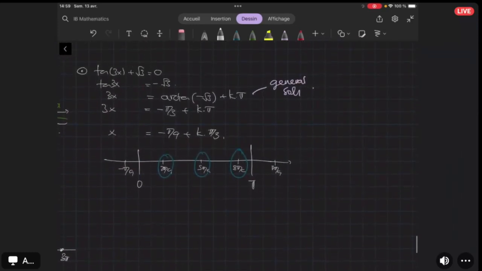What does k pi mean here? Why is it k times pi and not anything else? Correct, that's a period.